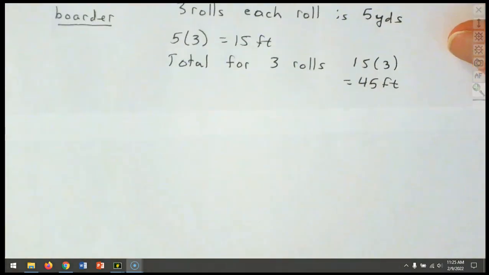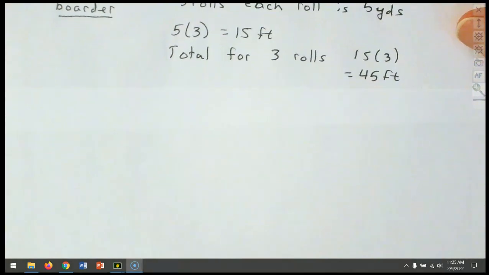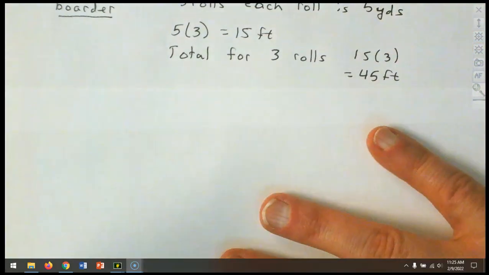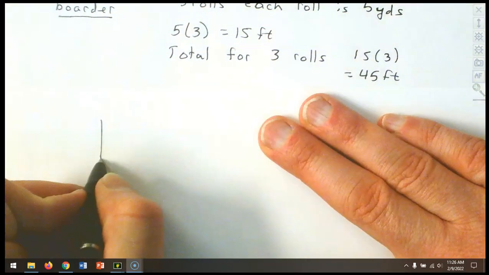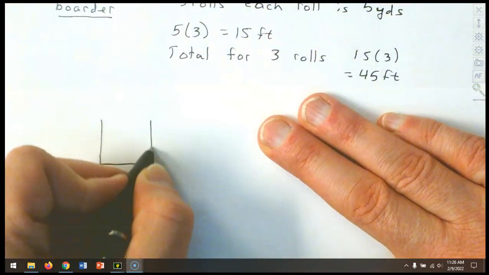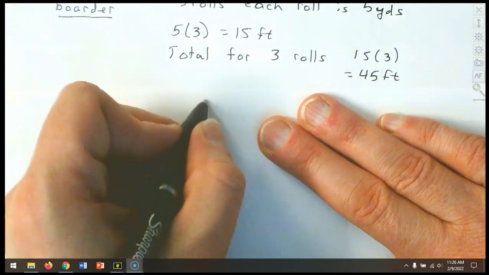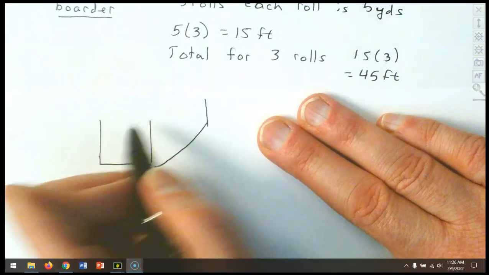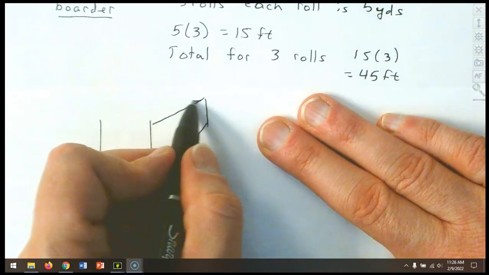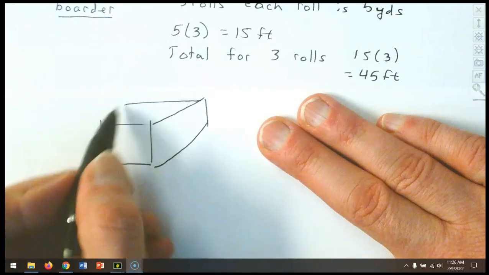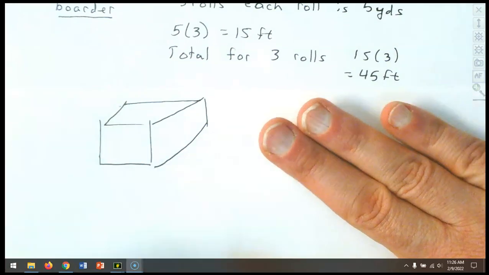Let's draw our picture again. When we wallpaper the room, we don't care about the height of the room. That doesn't matter. But let's look at the room. And let's try and put a border around the room.